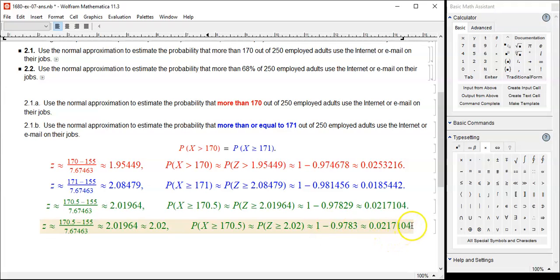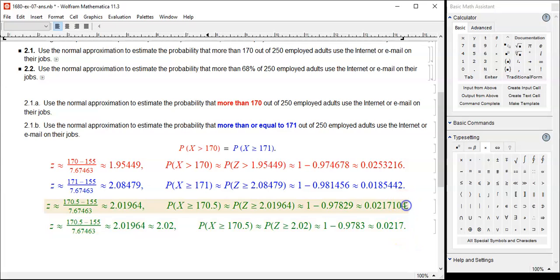So if I subtract, yeah, looks like this is what I'm going to get. And even if you use z-table, you get actually very, very good approximation. And this one, of course, is a little bit better.